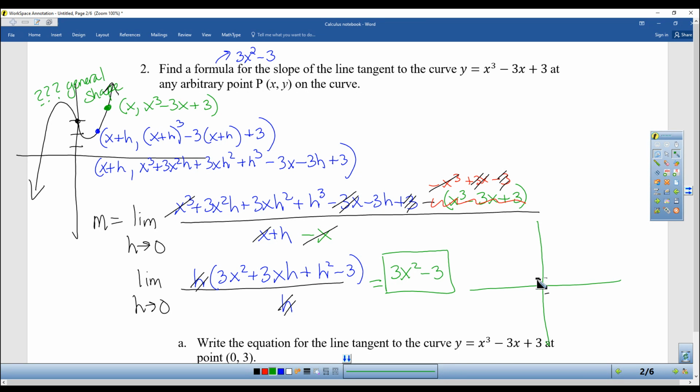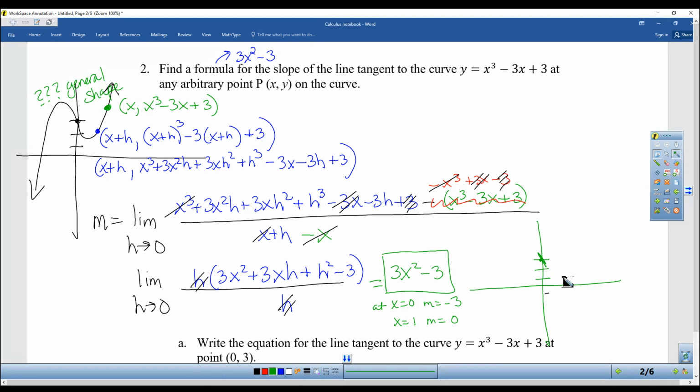So we already knew this point at (0, 3). What's the slope there? At x equals 0, the slope is -3. Look at that, I did draw a negative-looking slope. And then at x equals 1, the slope is 3 times 1 minus 3, which is 0.